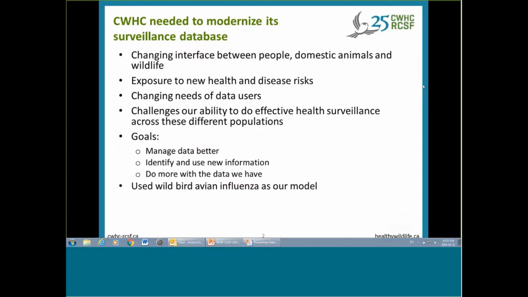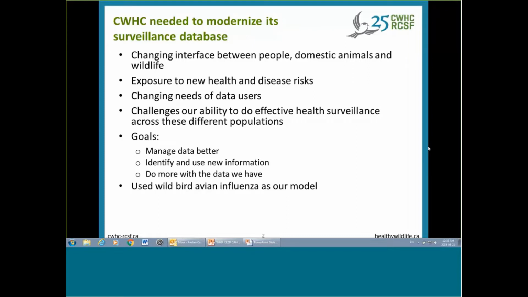As a quick introduction, this is part of a project funded in part by Agriculture and Agri-Food Canada with the Canadian Wildlife Health Cooperative to really try to, in general, improve on our surveillance database and the surveillance data that we are collecting. There's a whole host of reasons why we need to do that.